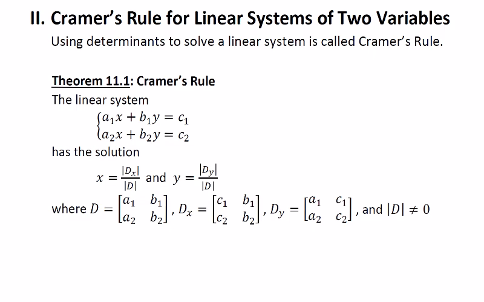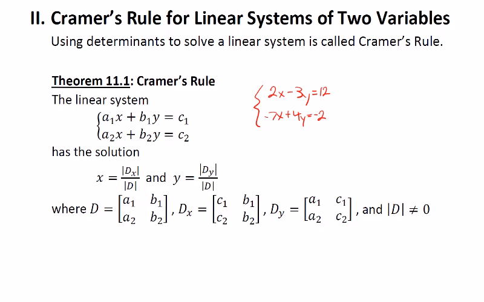For example, if I say 2x minus 3y equals 12, negative 7x plus 4y equals negative 2. I'm just making up a system. This is exactly what we're talking about here.